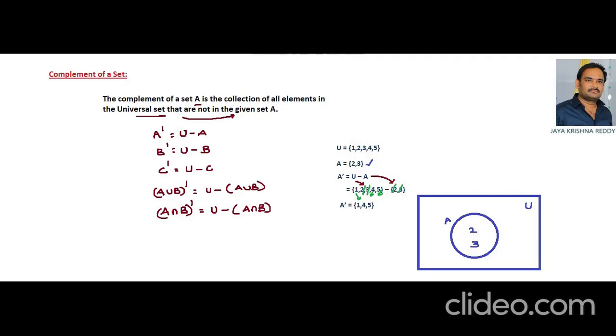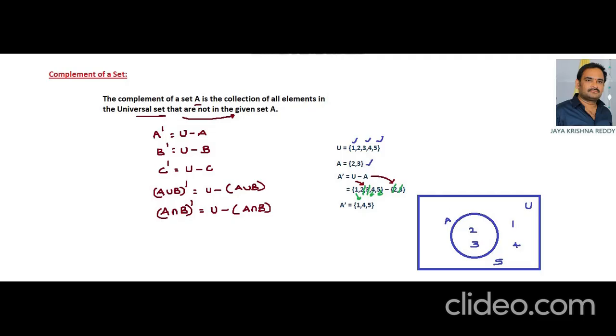But this circle already lies in the rectangle, in the universal set, so 2, 3 we have already written. So you write the remaining elements 1, 4, 5 outside of the circle. If you observe, in the rectangle the elements are 1, 2, 3, 4, 5, and in the circle only 2, 3 are there.